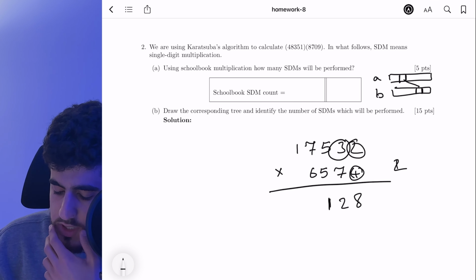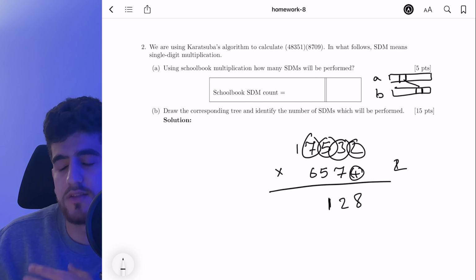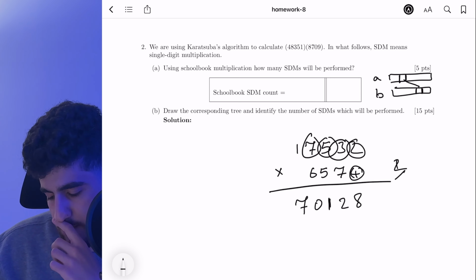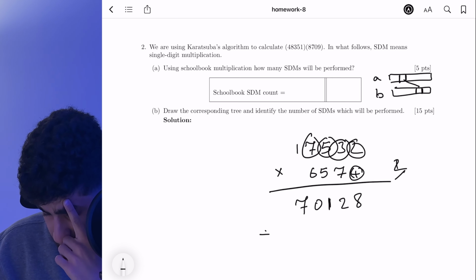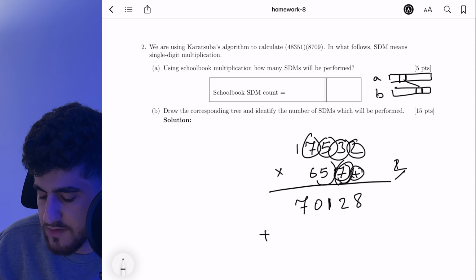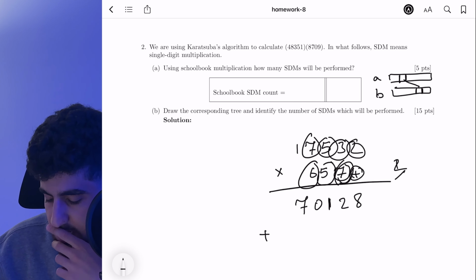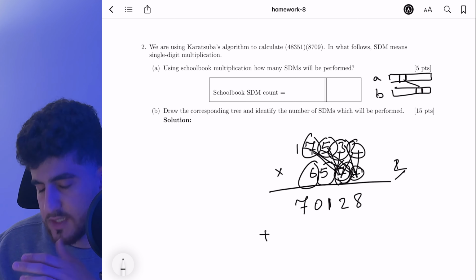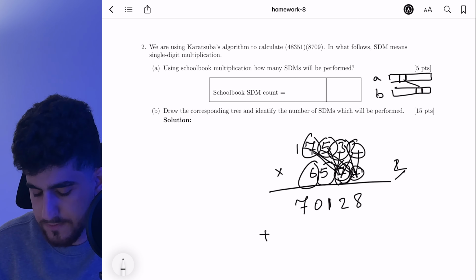Then 4 times 7, which is 28, and then 4 times 1 plus 3, which is 7, and so on. Again, I do the exact same procedure for 7 and then for 5 and then for 6. So for each of these digits, you will multiply it by each of the digits in the other number.